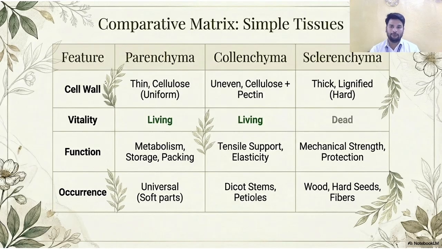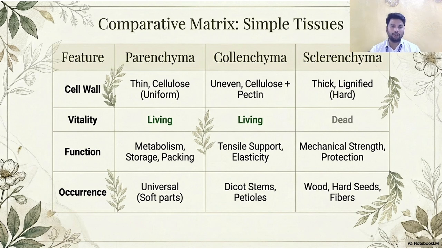The vitality, that means living nature: parenchyma is living in nature. Collenchyma is also living, and sclerenchyma is also living at the young stage, but it becomes dead at maturity. The functions of parenchyma tissue include metabolism, storage, and packing.